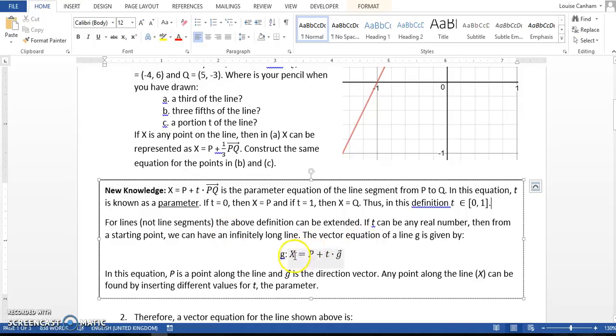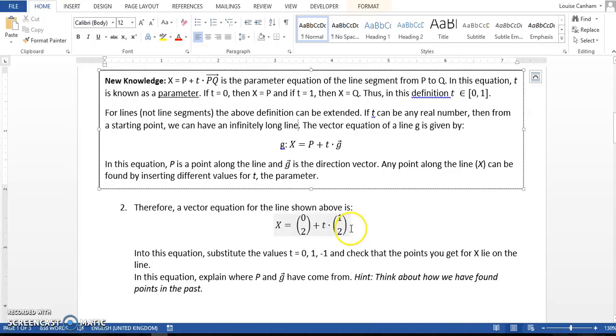I can say that for any line G, any point on that line can be given by taking a starting point on the line, a point that I know, and adding some multiple of a direction vector g that goes in the direction of that line. So it's a new way of defining lines using vectors. Therefore, this is a vector equation for the line shown above.